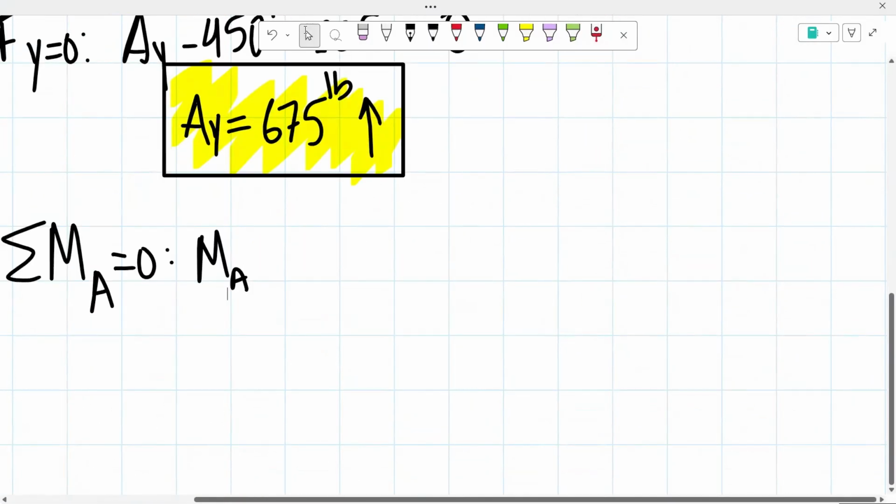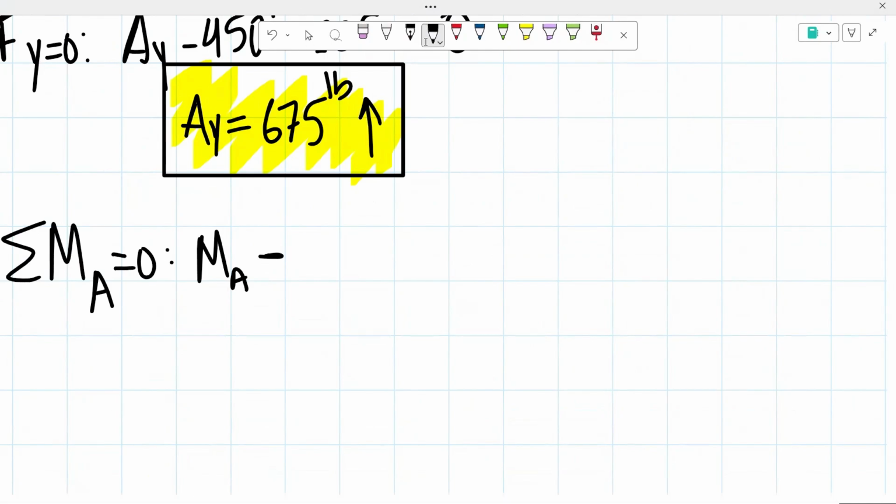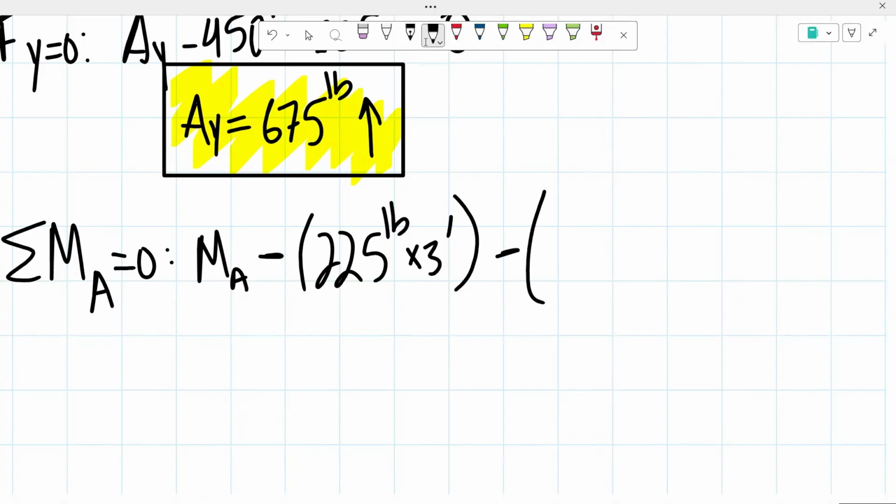So we have our first force, which is force 2. We know that it's going to be negative since it's going to be creating that clockwise moment. So our moment is equal to the force, 225 pounds, times the distance, 3 feet. Another negative moment, our force of 450 pounds, times our distance, 4.5 feet.